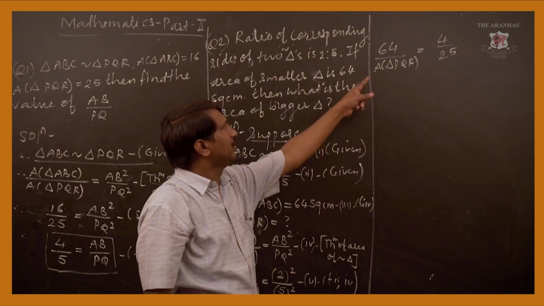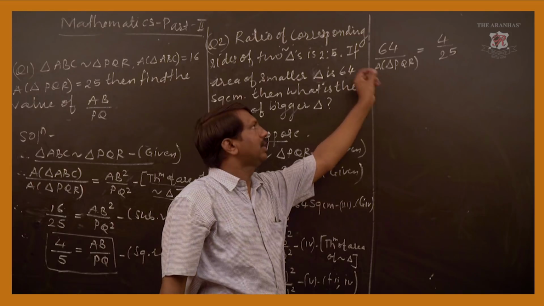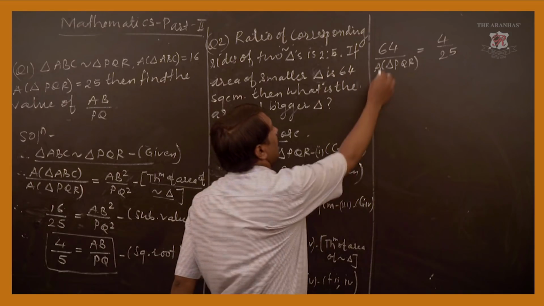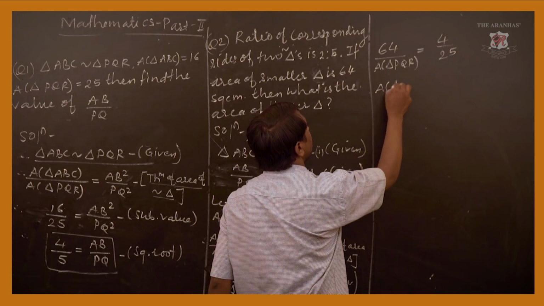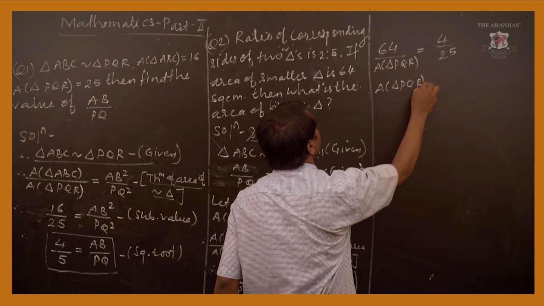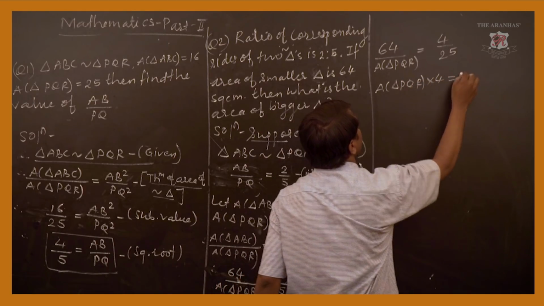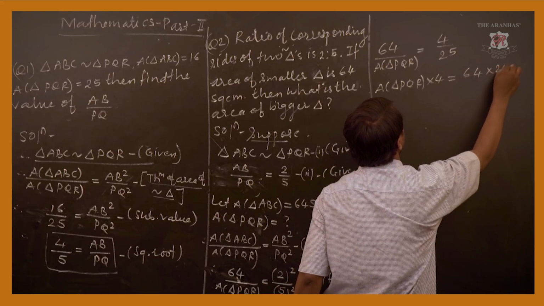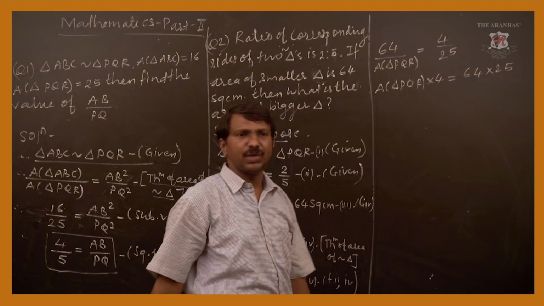Just simply, to get the area of triangle PQR, we have to cross multiply. By cross multiplication, area of triangle PQR into 4 equals 64 into 25. Give the lowest term.